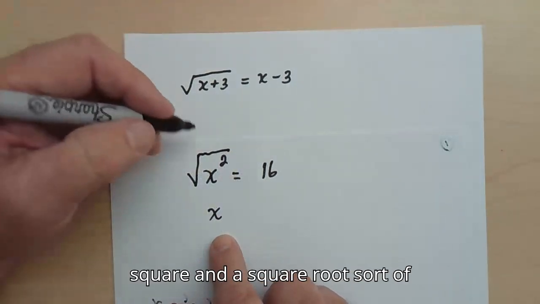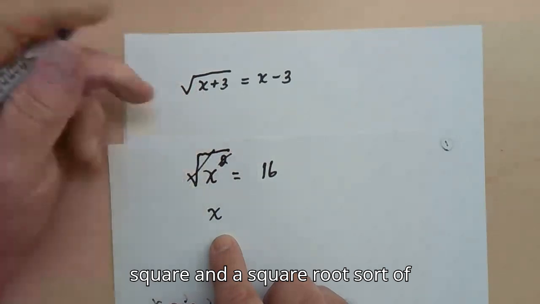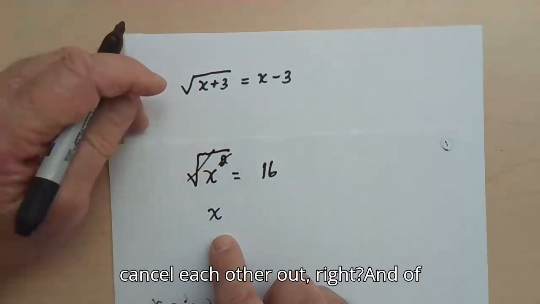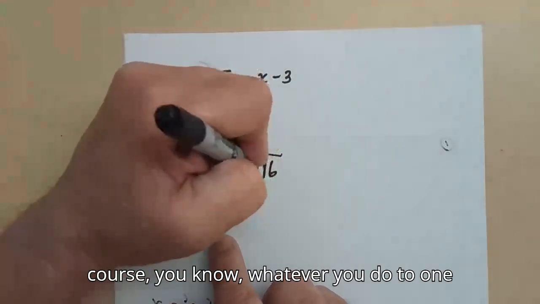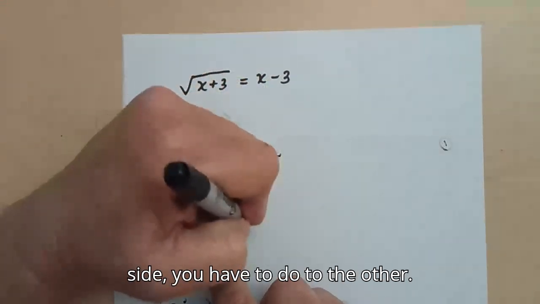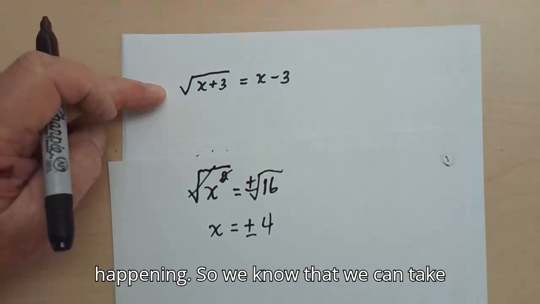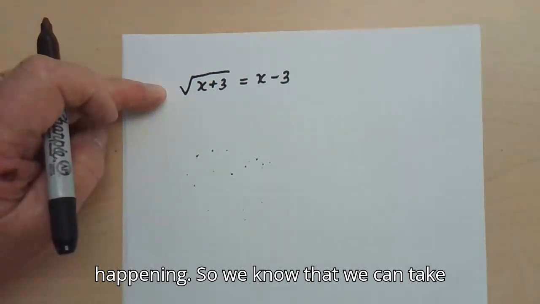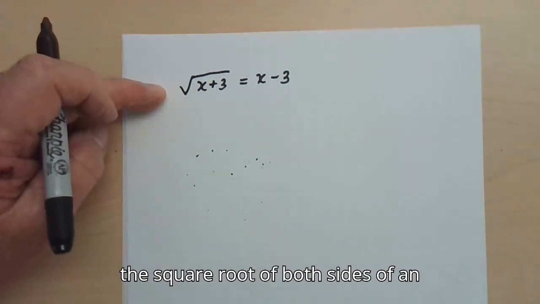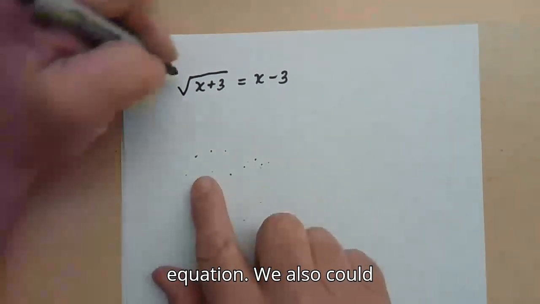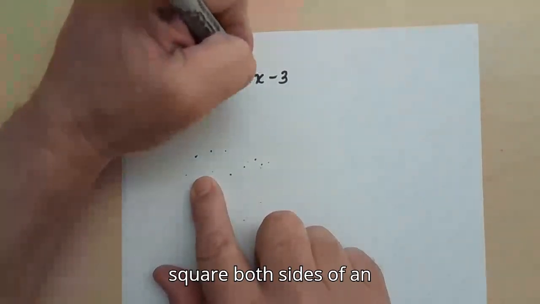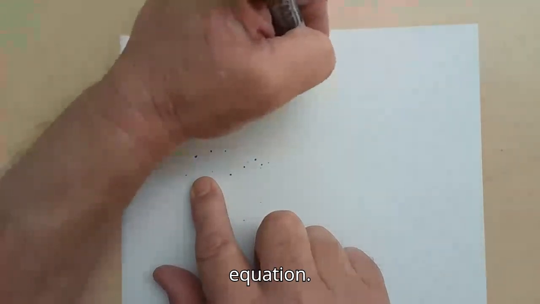It's kind of like a square and a square root sort of cancel each other out, right? And of course, whatever you do to one side, you have to do to the other. Well, here, kind of the opposite thing is happening. So we know that we can take the square root of both sides of an equation. We also could square both sides of an equation.